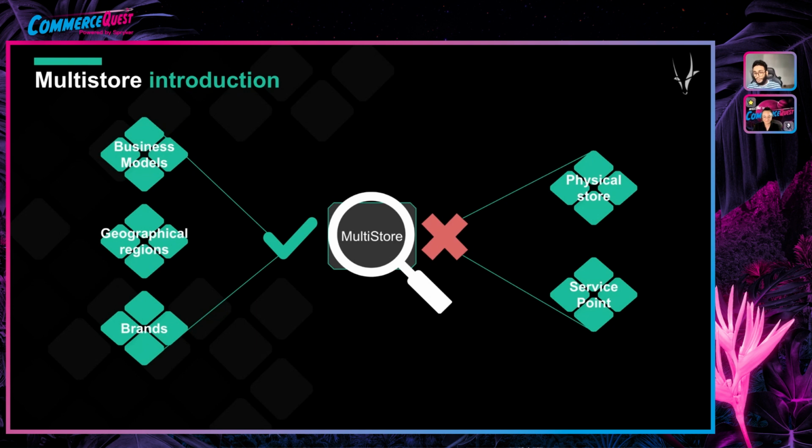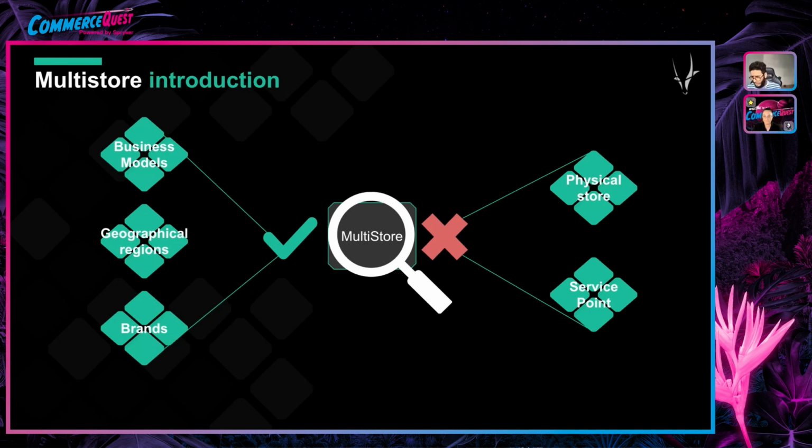However, what is not valid to use the multi-store setup for is physical stores, because in the end, it's exactly the same setup, the same team, the same front end, the same business logic, and in the end, it's just a physical store. Therefore, it is really not recommended to use the multi-store for this. There are different ways to solve that.